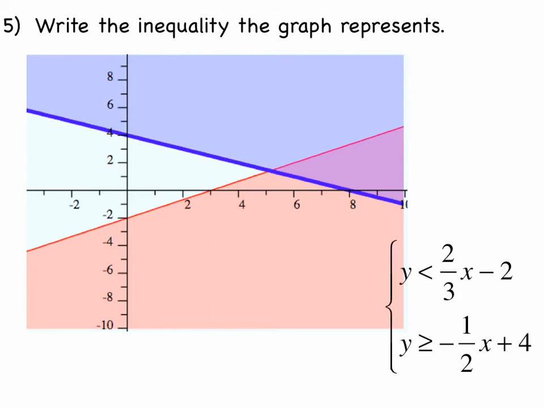Here's the answer that I got. y is less than 2/3 x minus 2. That is going to be for the red inequality, and the blue one is y is greater than or equal to negative 1/2 x plus 4. Notice the blue equation has a negative slope and the red equation has a positive slope. Again, make a note of this if you didn't get it, and I will go over it in class.